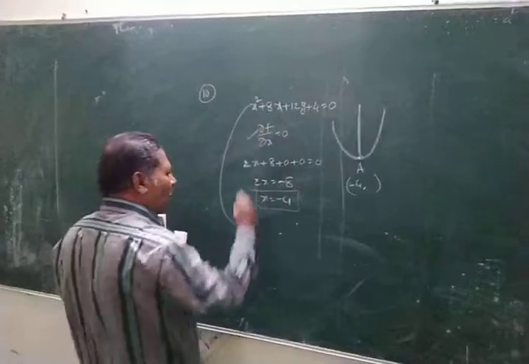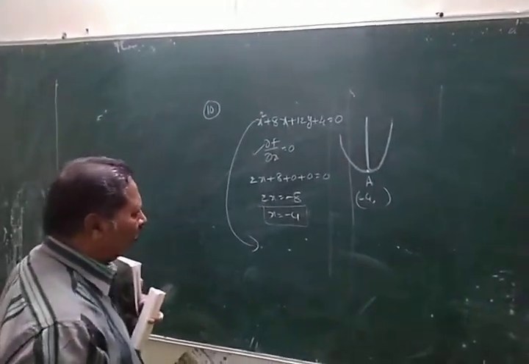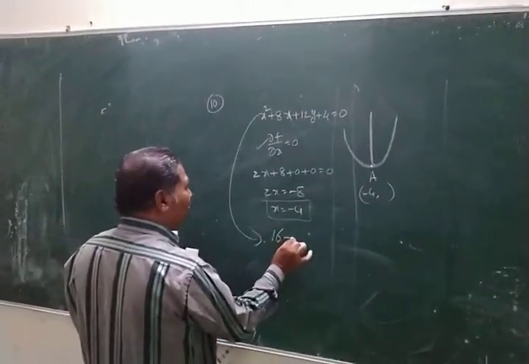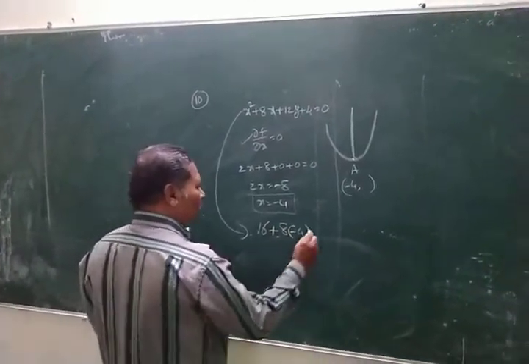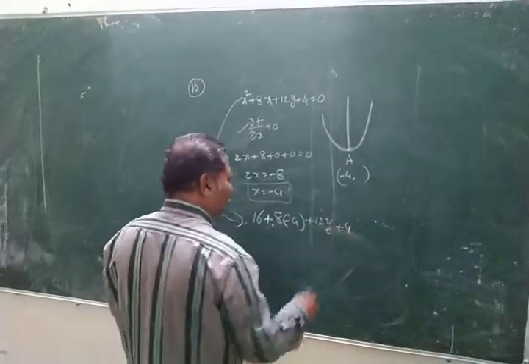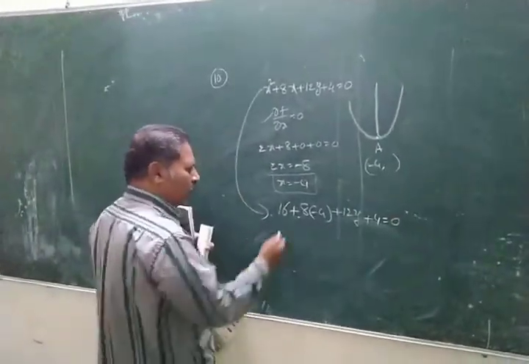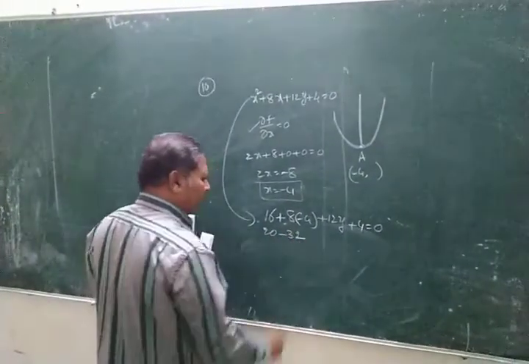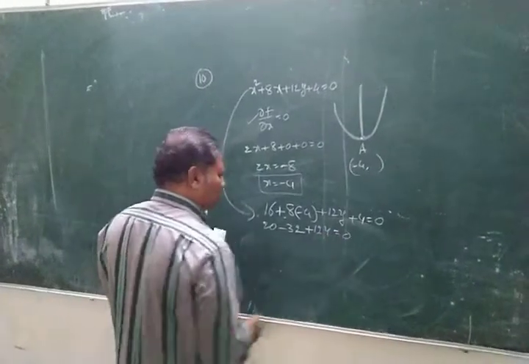Substitute x equal to minus 4 in the parabola. x square value 16 plus 8 into minus 4 plus 12y plus 4 equal to 0. 20 minus 32 plus 12y equal to 0.